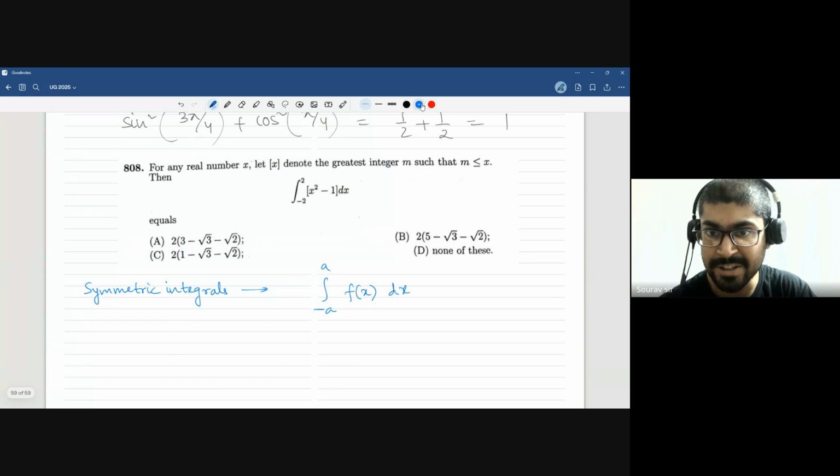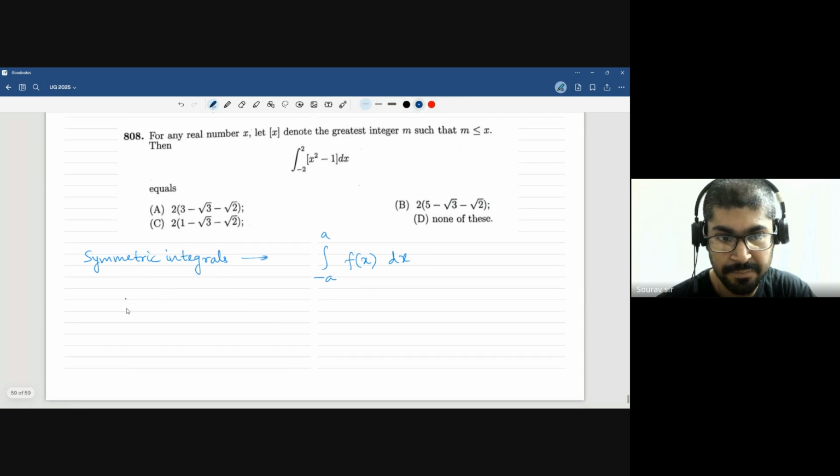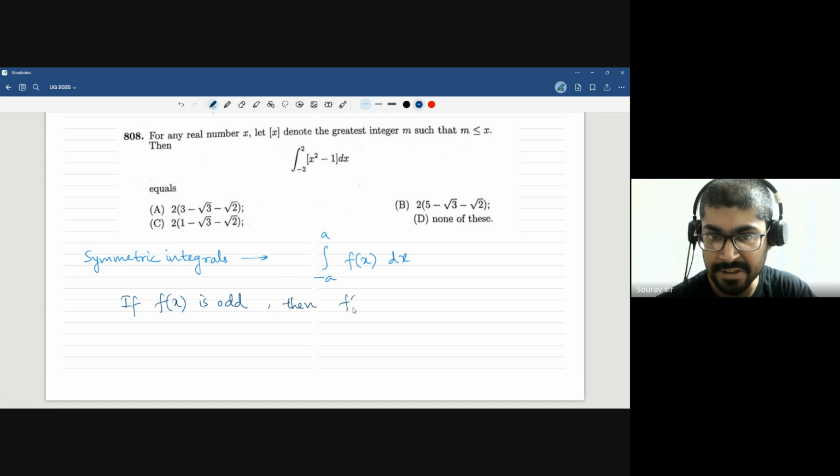Symmetric integrals can be divided into two parts, right? The first one is if f(x) is odd. If f(x) is odd, then f of minus x is equal to minus f(x), right?